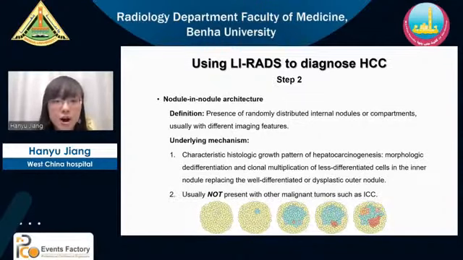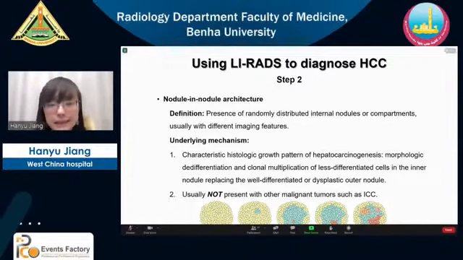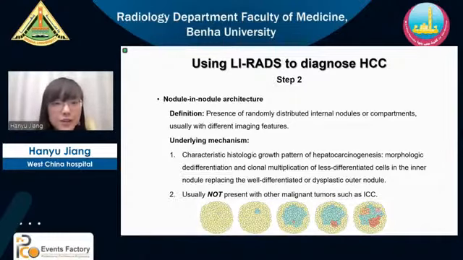Nodule in nodule architecture is the presence of randomly distributed internal nodules or compartments, usually with different imaging features inside a parent nodule. The underlying mechanism for this ancillary feature favoring HCC in particular is the characteristic histologic growth pattern of hepatocarcinogenesis.